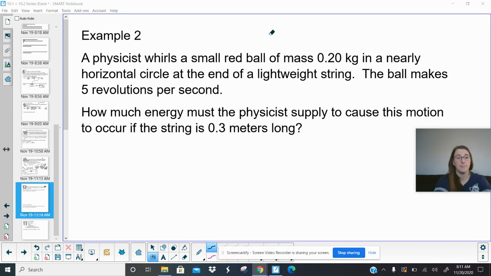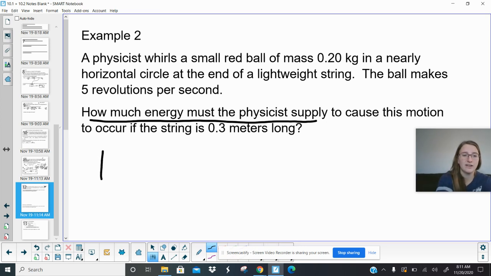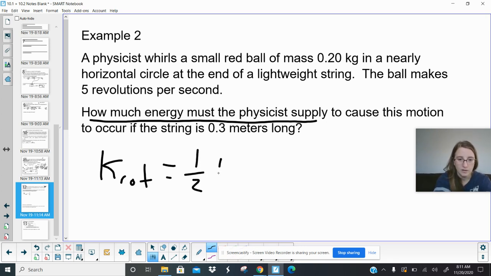So once again, they're asking us to find the kinetic energy he has to create, basically, for this rotating object to cause this motion to occur if the string is 0.3 meters long. So I'm going to go ahead and write out the formula one more time: rotational inertia times angular velocity squared.